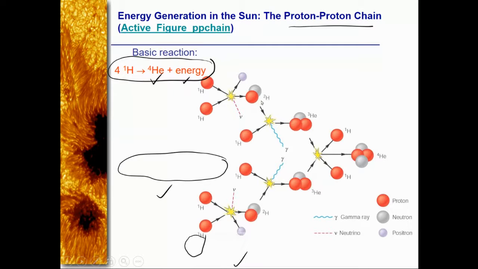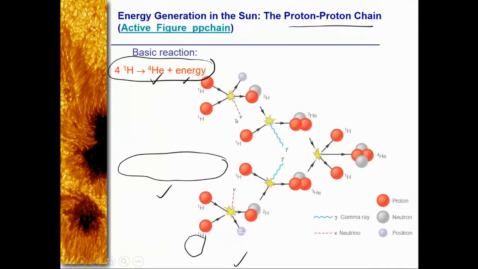That's how we get what we call deuterium, which is hydrogen-2. So inside the nucleus we now have one proton and one neutron. That means one of these protons has been converted to a neutron by emitting a positron.